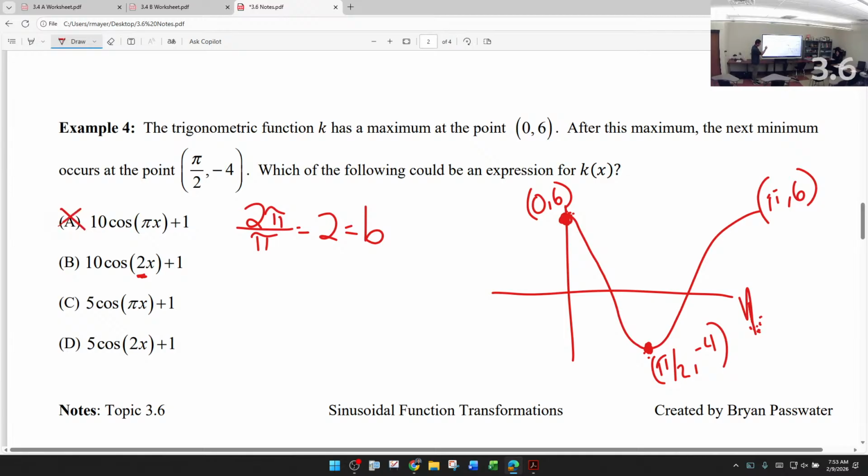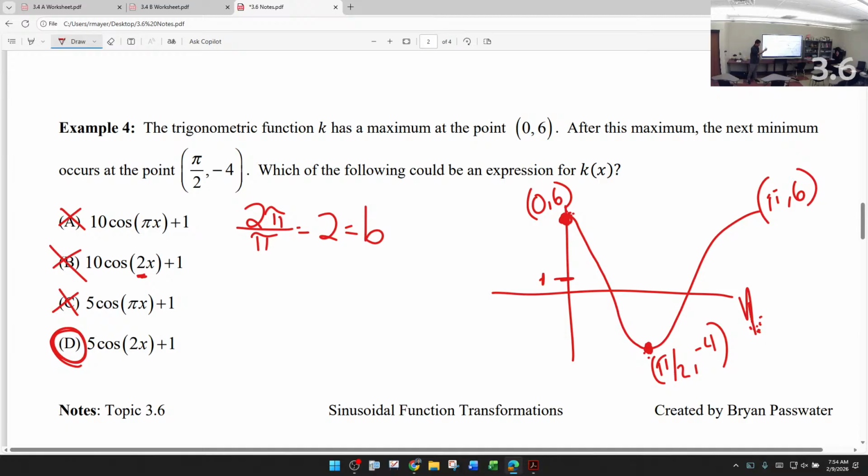Okay, so we're not this one, and we're not this one. They all have a 1. That's nice. That must mean the midline's at 1. And if the midline's at 1, to get from 1 to 6, that has to be a 5. To get from 1 to negative 4, that's also 5. So we're looking at this one, not this one.